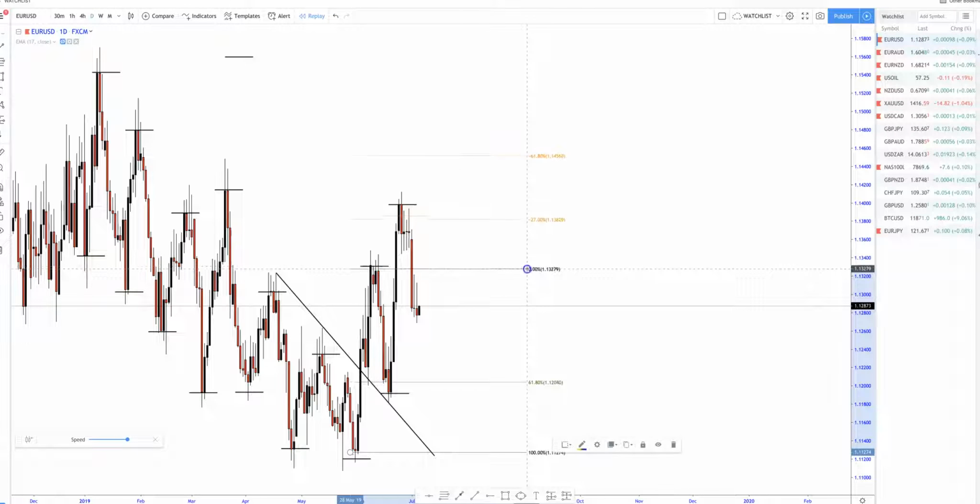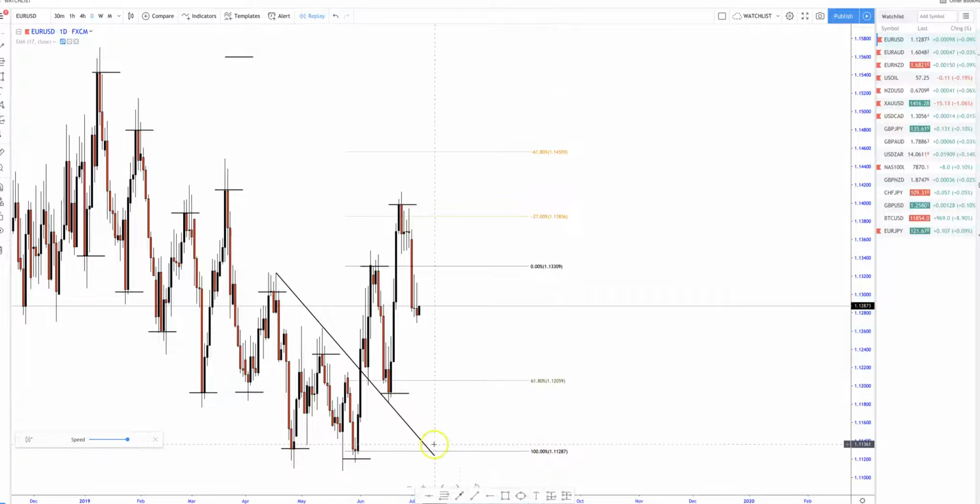Remember, when you place your fib, you want to put it flush on the body. Once flush on the body, you want to look and see, okay, 1.1287, so we know the psychological round number is 1.1250.